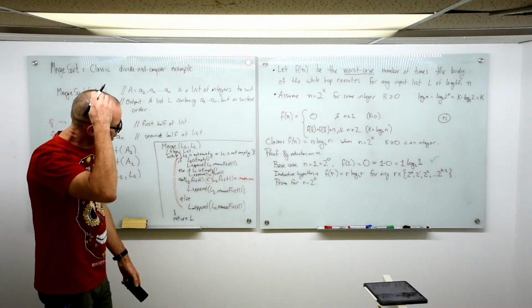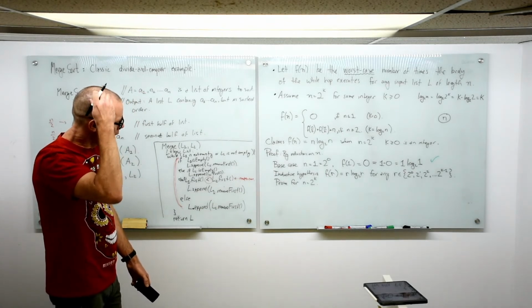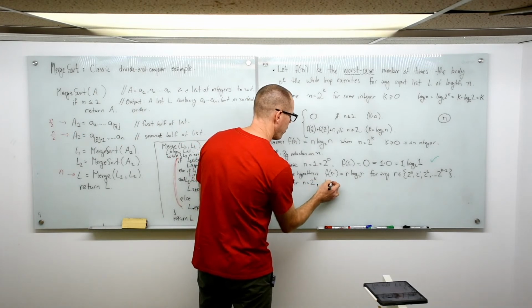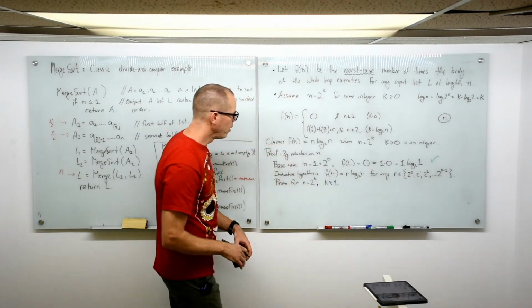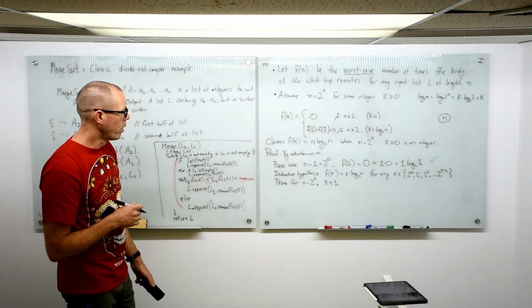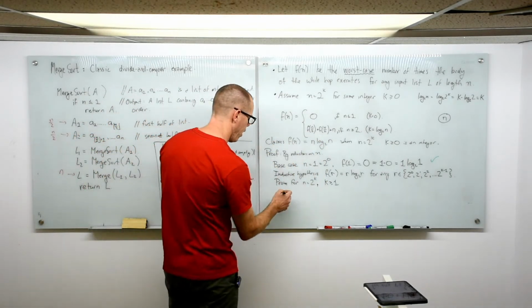And now it's easy. So prove for n equals 2 to the k, and we only need to do this for k bigger than or equal to 1. We already proved it when k equals 0, so we need to do it for k bigger than or equal to 1. And so what do we have?